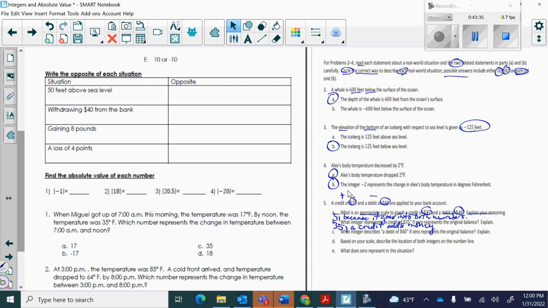Okay? Part C, what integer describes a debit of $40 if 0 represents the original balance? Negative 40, because I'm going to write it up here to make it easier for you guys to see. Because a debit takes money from the account.